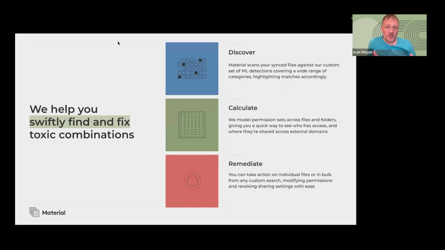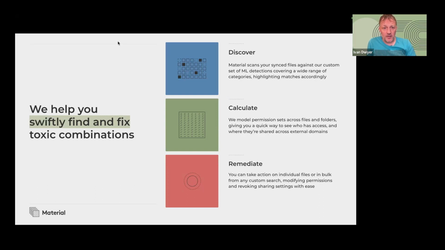We build that into a structured data warehouse, and then we run all the contents against our set of detections, right? So we have a bunch of categories across personal information, financial information, health information, confidential information, and we will highlight any matches that we find. We'll see this live in a demo. So we are looking at the contents, right?